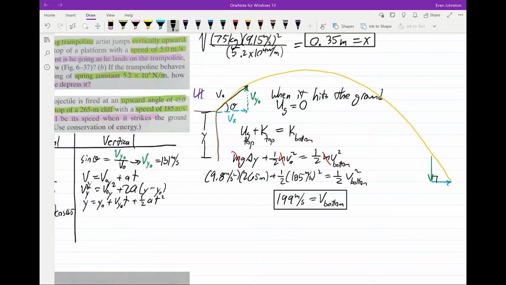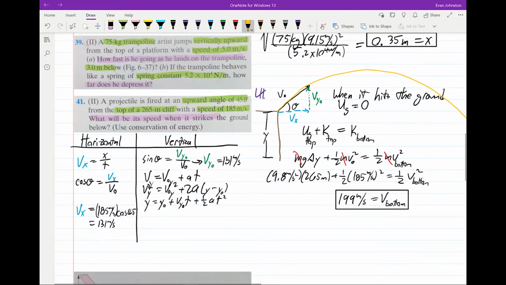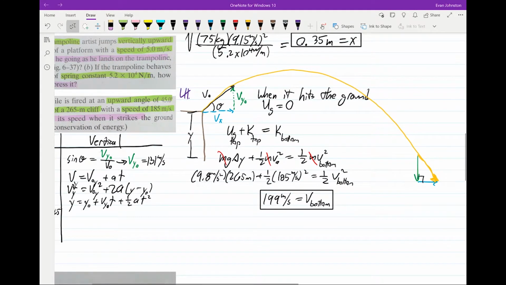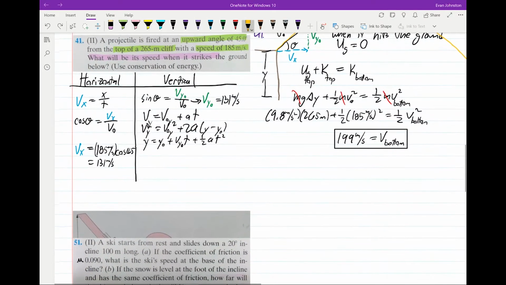So we're going to have to find the x value and the y value, and use Pythagorean's theorem to find the total value for the vector that is the speed when it's down here. Not just the y, but both of them. So we'll have to use Pythagorean's theorem.